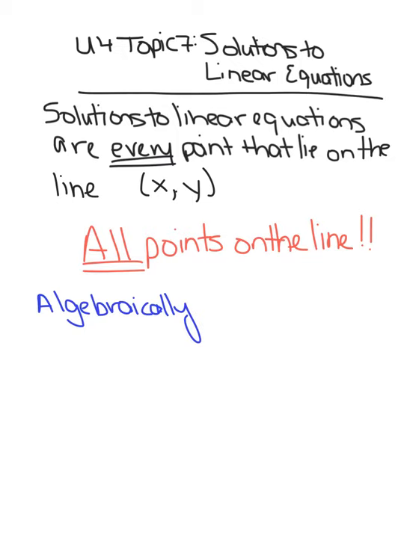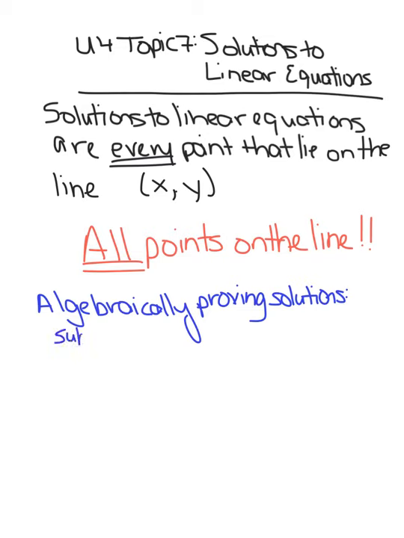So algebraically proving solutions. This is what today's notes are all about. And so to algebraically prove solutions, we're going to substitute the values for the ordered pair, that x comma y, into the equation and solve to see if it's true.